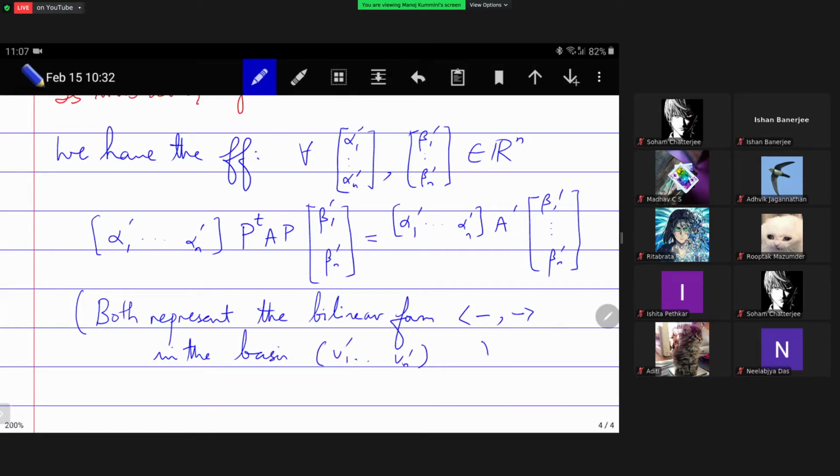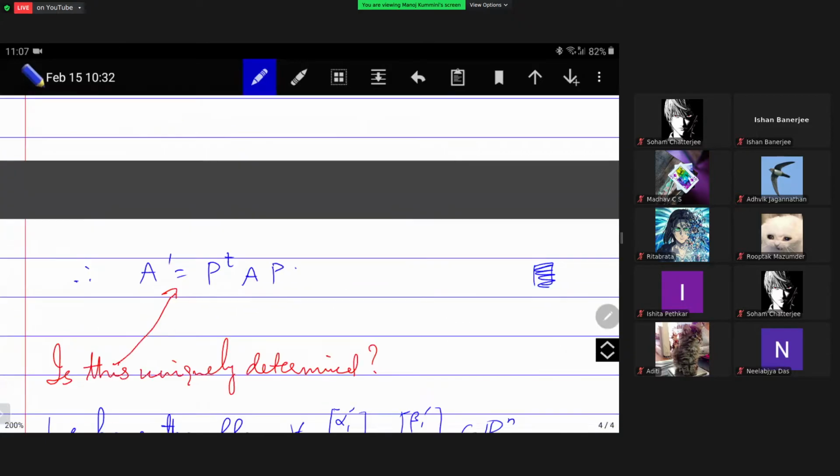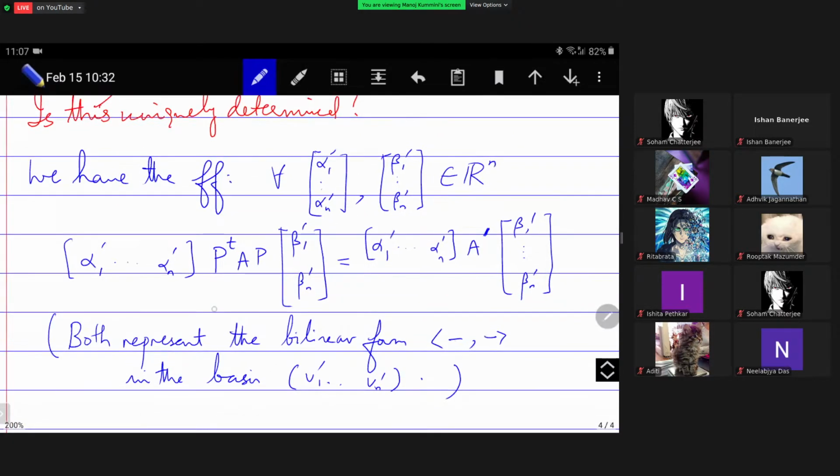The right hand side by definition of A prime, the left hand side by calculation. So now we want to conclude that these two square matrices in the middle are equal, that P transpose AP is equal to A prime. We can bring this to the left hand side and use the distributive law, so that P transpose AP minus A prime is zero for all vectors.